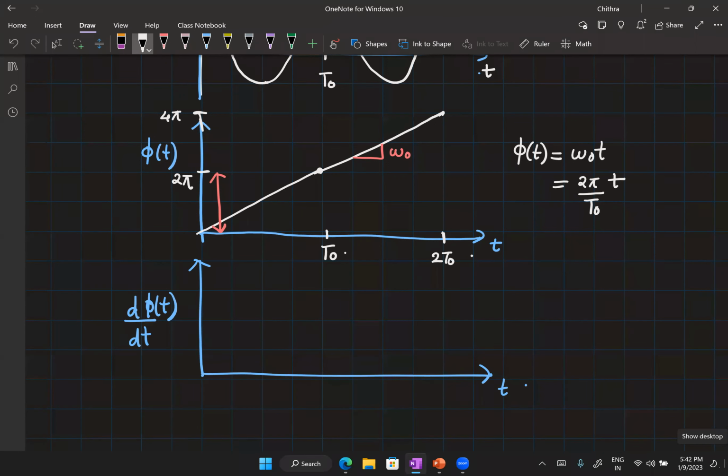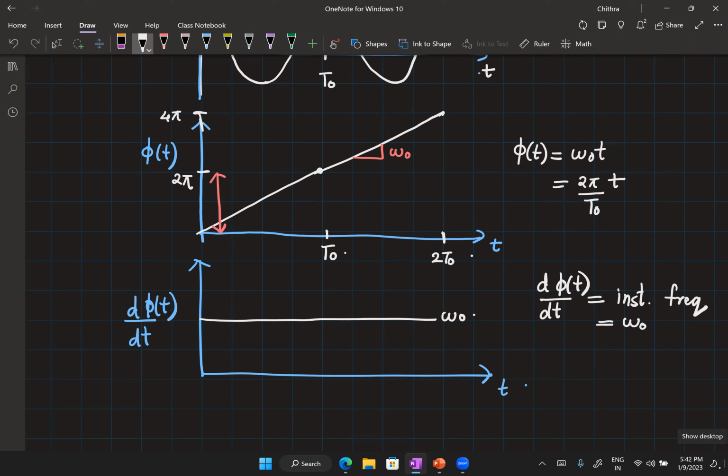It's a constant. What is its value? 2 pi by t naught or omega naught. Okay. So basically, when we differentiate the total phase, we get the instantaneous frequency of the system. In our case, the instantaneous frequency is constant throughout. Therefore, we got the value omega naught.